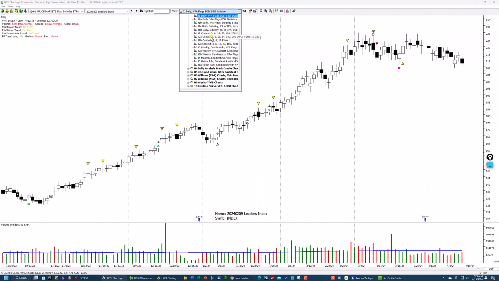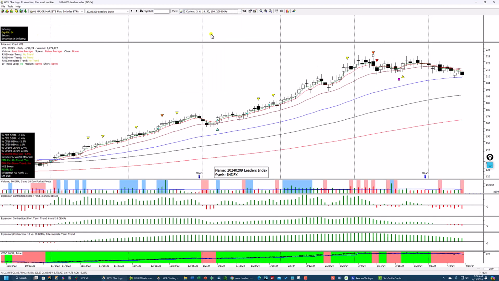I'm going to drop down here to number 2, the context, and I want to show you that this index, if I bring up the 3 and the 6, or the crosshair, crossed down below the 3 and the 6 right here. The next day, the volume point of control went negative, and it went below the 18 also, which is the brown line. So the Leaders Index has really rolled over.